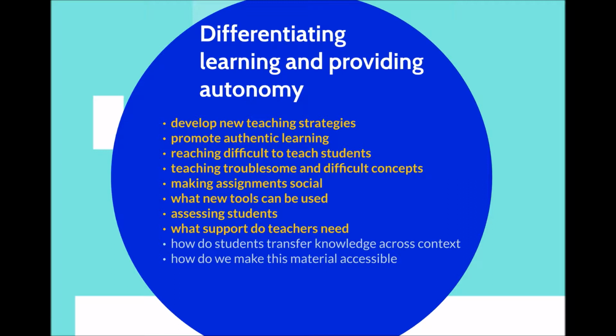They're also about teaching what we call troublesome or difficult concepts, and I'll talk a little bit more about that later. How about making assignments social? In this case, what we're trying to do is get more social interaction among the students in the flipped classroom. And of course they're interested in what new tools can be used. A lot of these come from technology.